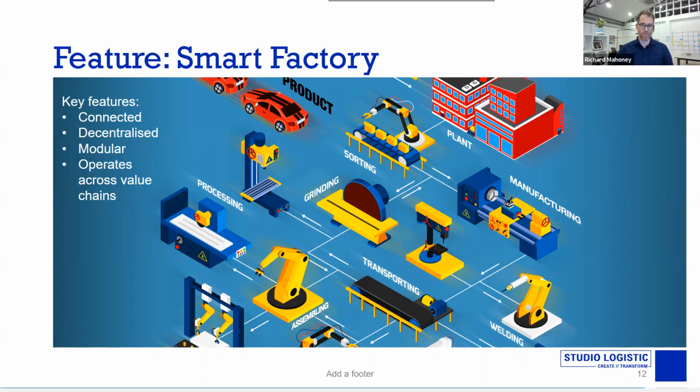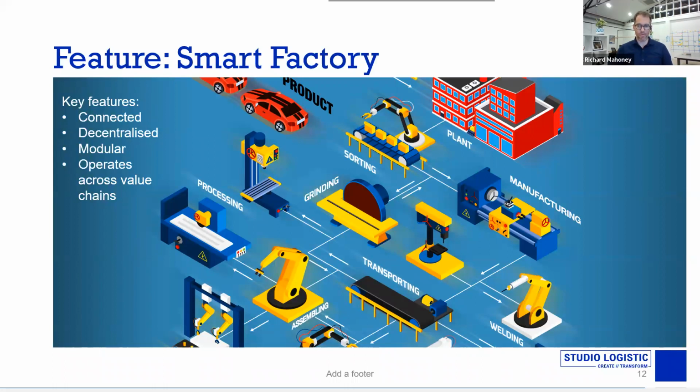Now, I talked before about decentralization of decision making and things being interconnected. Smart factory is really about that. So if a machine goes down because there's a fault on it, everything upstream and downstream of that thing also stops, because they're able to make decisions that it's the right thing to do, if it's lean, not to be processing right now.